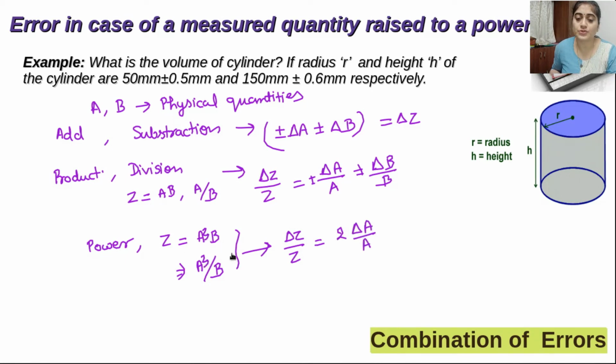If it is cube, it will be 3 times delta A by A, plus minus delta B by B, because there are only 2 physical quantities. So there are simply two rules. If addition and subtraction are there, you add the absolute errors. If product and division are there, you add the relative errors. And if a power is there, you multiply that power with the relative error of that particular physical quantity.